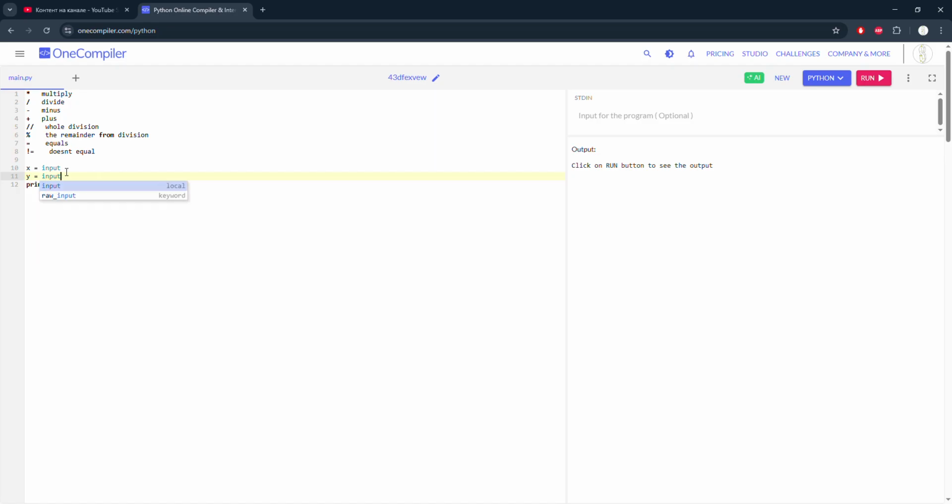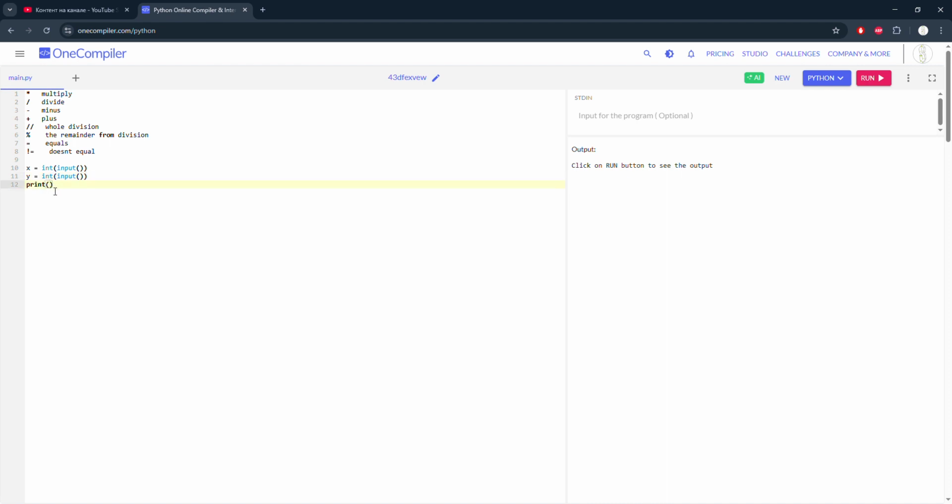And, as you remember, since x and y are numbers, they must have int. Int input, just like that. So you go here and you write int input. There we go.